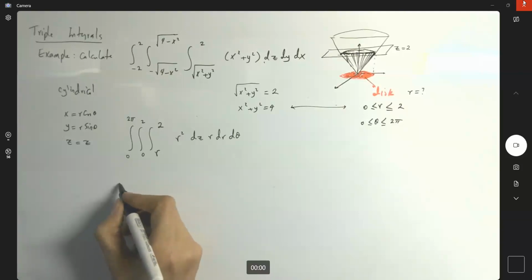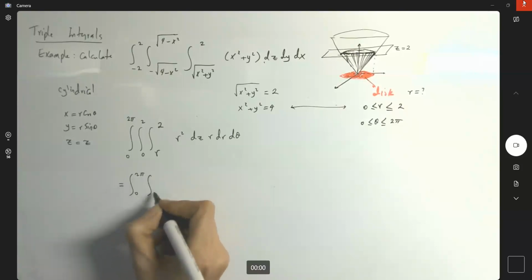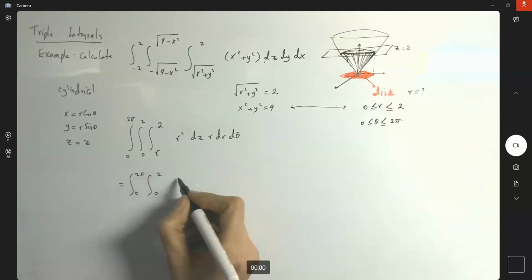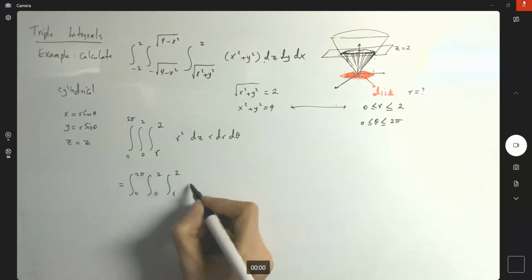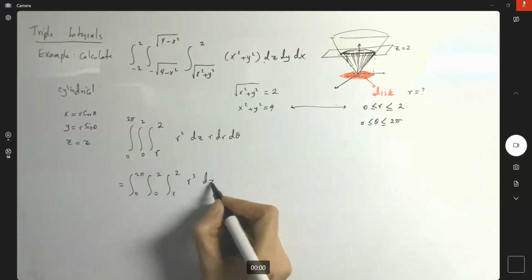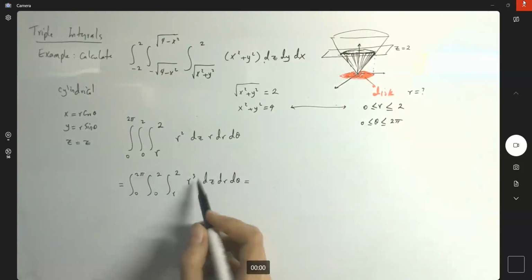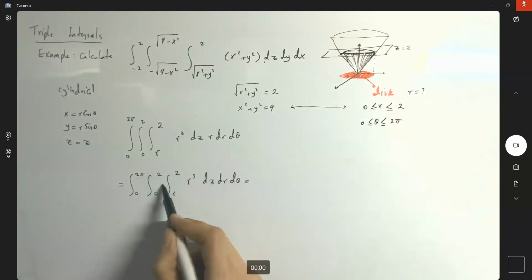Okay. So here we have the integral from 0 to 2 pi, the integral from 0 to 2, and here we have r times r, which is r cubed. Let's write down everything: r cubed, dz, dr, d theta. The inner integral is with respect to z, so the outer parts can be written outside.